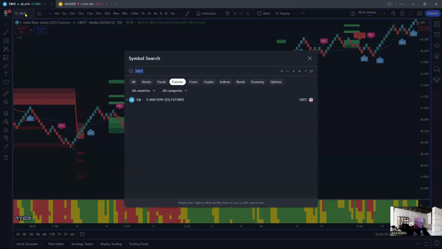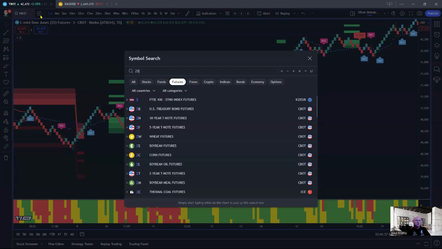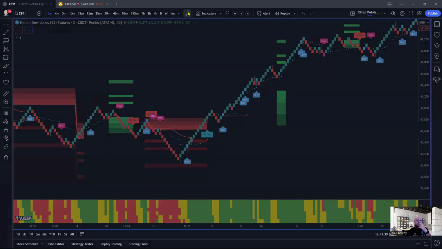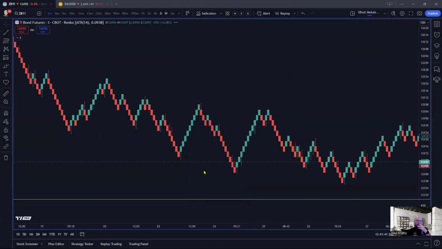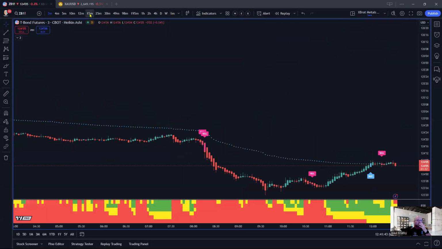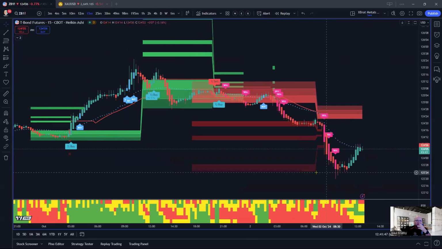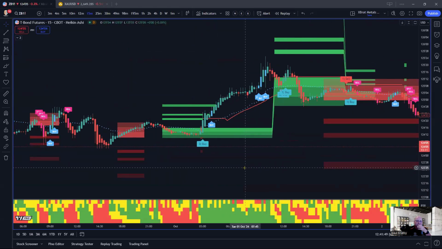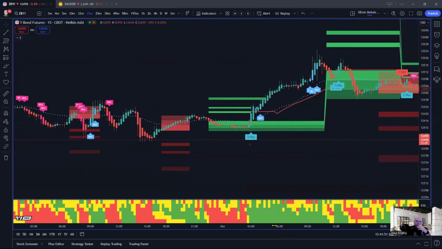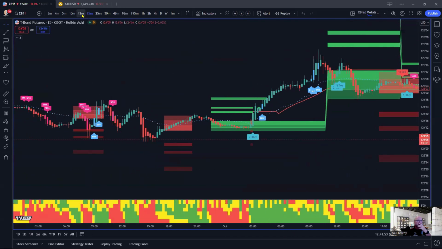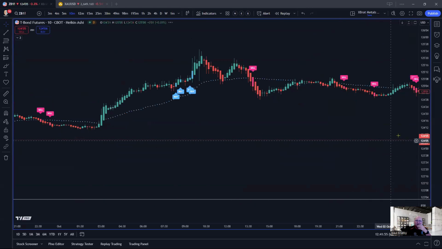Let's go to ZB. So what I want to do on a ZB is take it off Renko, put it on Heikin-Ashi, and probably go 15 minutes, something like that. Yeah, that's good. So maybe 10.